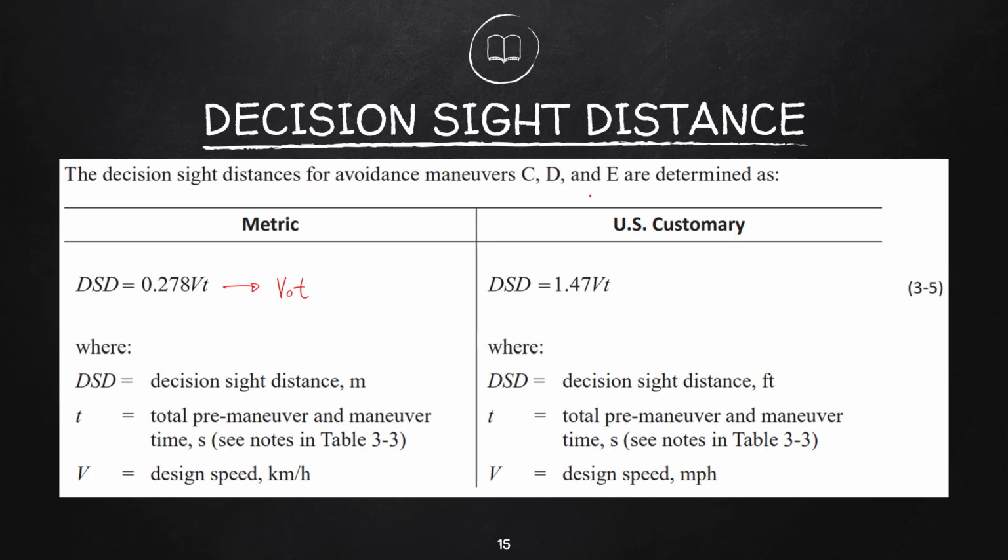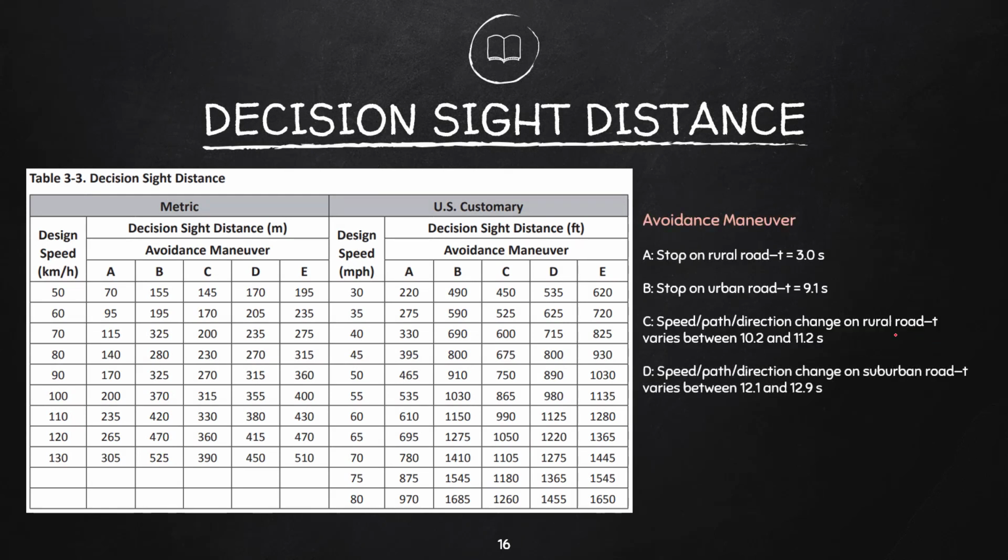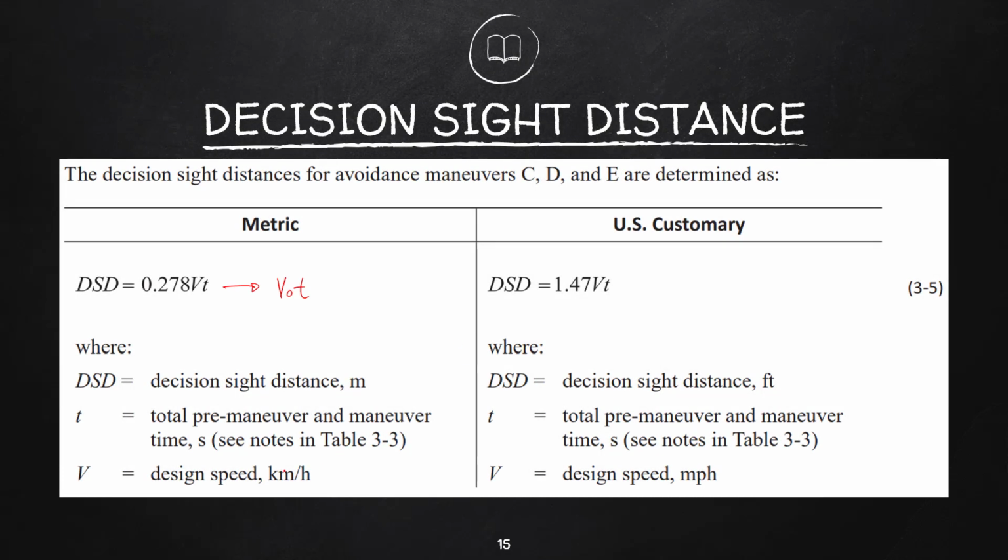So for C, D, and E, you have in the table the values. These values are the total maneuver time. Okay, those are different for C, D, and E. So that is the one that you will use in this formula.